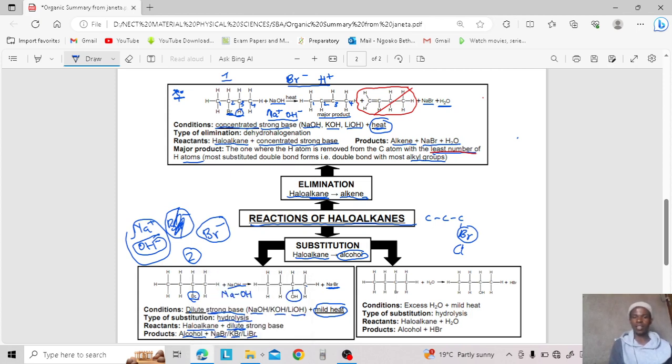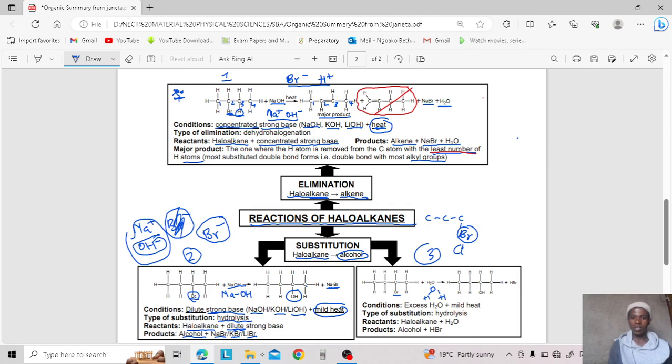Right, now the other hydrolysis. We still have a haloalkane because of Br. So this is number 3. Now we add just water directly, H2O.